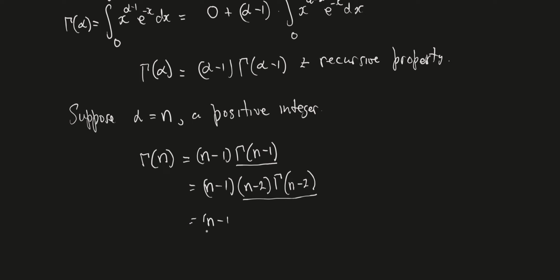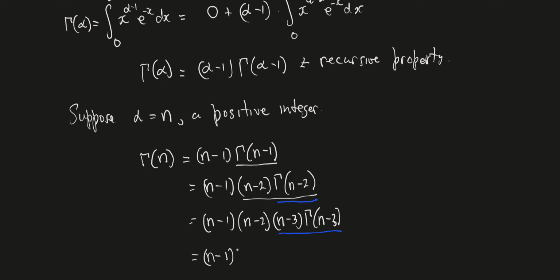So I have a gamma, it's a nice positive integer. Now gamma of n minus 2 would be n minus 3 times the gamma of n minus 3. Again, let me do this a couple more times so you can see the property.